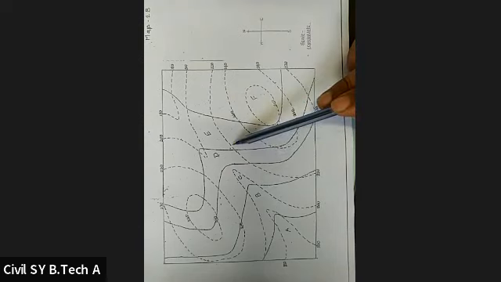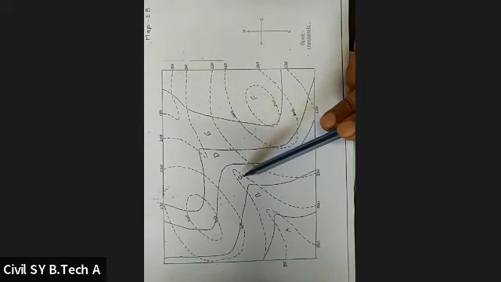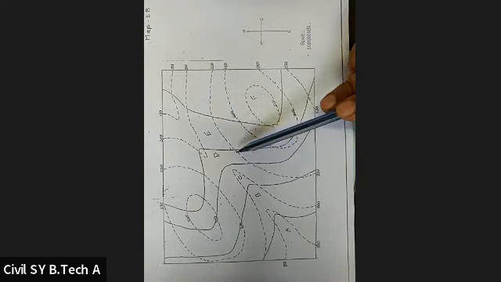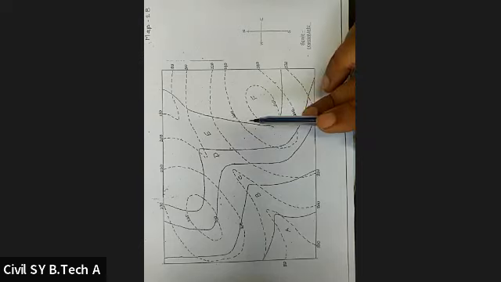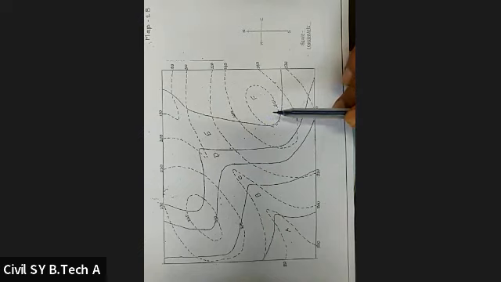Now what you see here, these two lines, the bedding plane lines and contour lines, are not parallel to each other. They are intersecting with each other. Okay, so such a type of attitude is considered an inclined attitude, or such a type of map is considered an inclined series map.